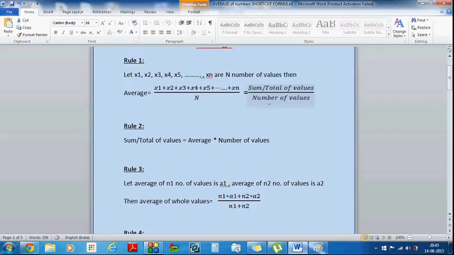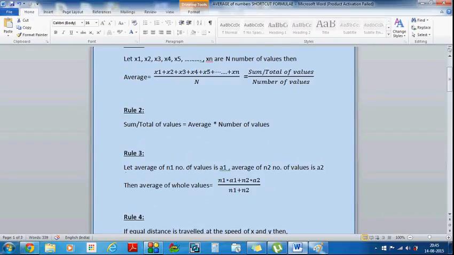It is cross multiplication. So if the average and the number of values are given, then we can calculate the sum or total of values.